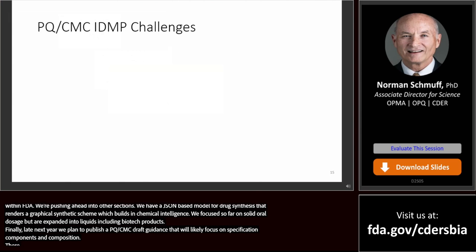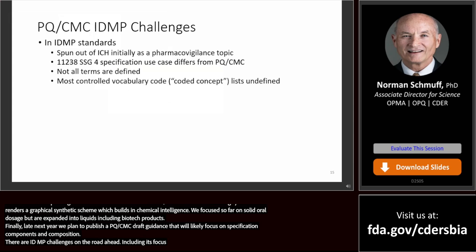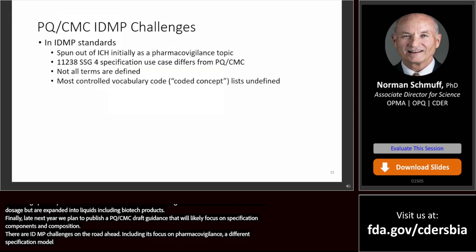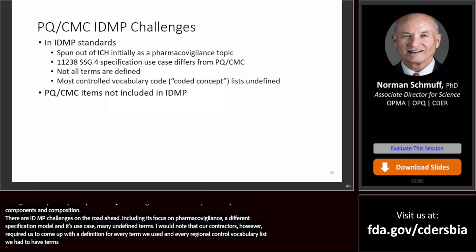There are IDMP challenges in the road ahead, including its initial focus on pharmacovigilance, a different specification model, and use case, many undefined terms, and I would note that our contractors, however, required us to come up with a definition for every term we used, and every regional control vocabulary list. We had to have terms for each of those.